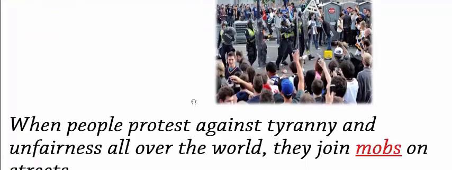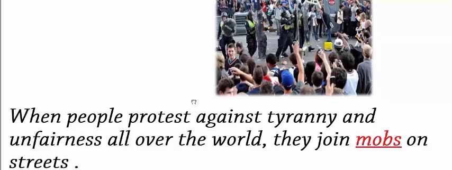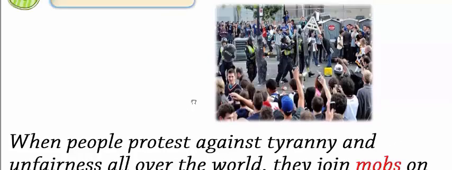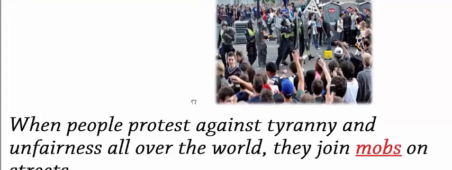When people protest against tyranny and unfairness all over the world, they join mobs on streets. What's the meaning of mobs? Mobs mean a group of people which are unorganized.